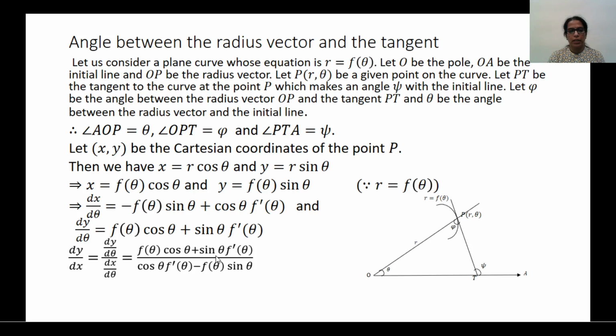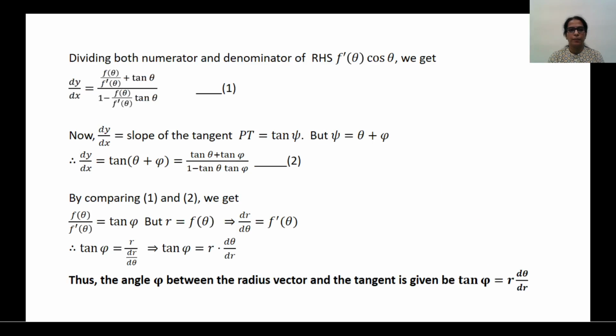Sin theta by cos theta is tan theta. Likewise here cos theta f dash of theta divided by cos theta f dash of theta gets cancelled, you are left with 1, and here you are left with f of theta by f dash of theta into tan theta. Call it equation 1.